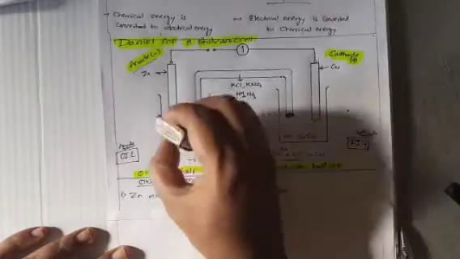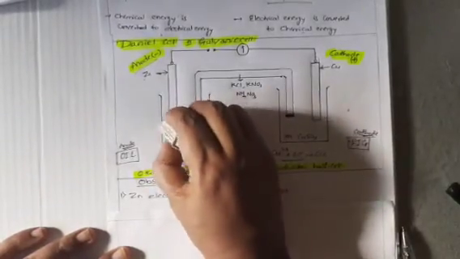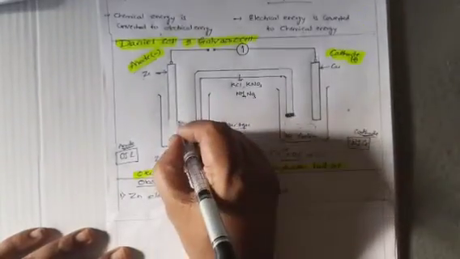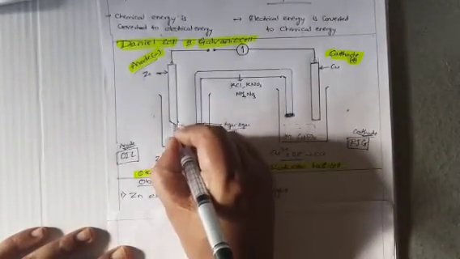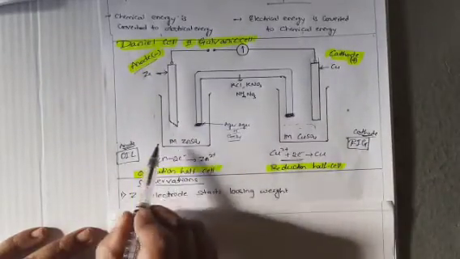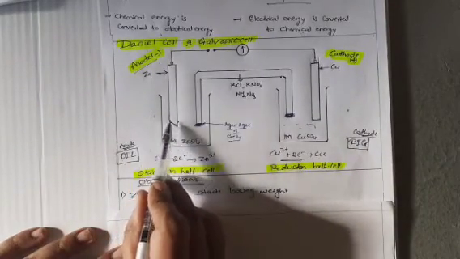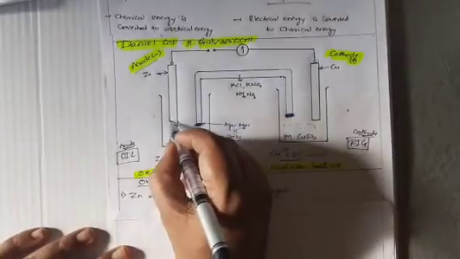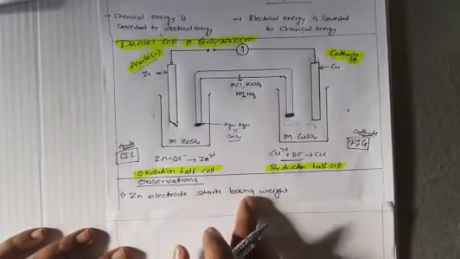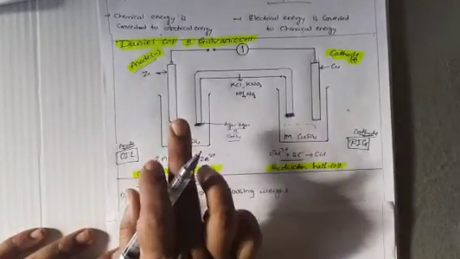So this electrode reduces, it dissolves. Slowly this Zn electrode starts losing weight. That's why the Zn electrode loses weight. This is the first observation.